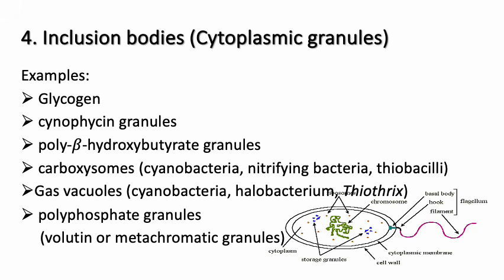Okay? So for example, your polyphosphate granules have different compositions and appearance in certain types of bacteria. For example, Corynebacterium diphtheriae produces Babes-Ernst granules, or bodies.